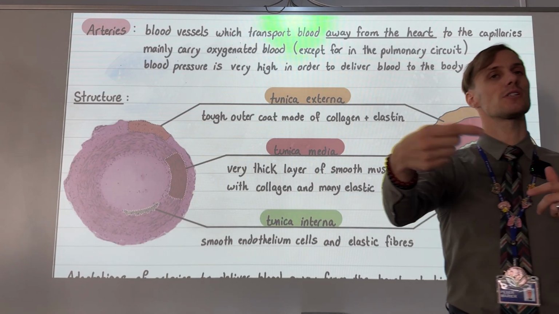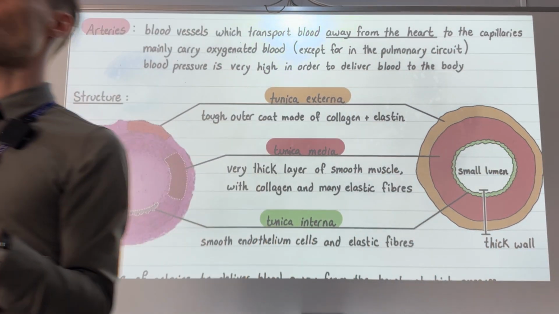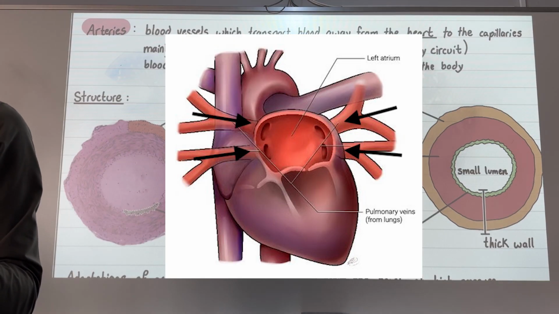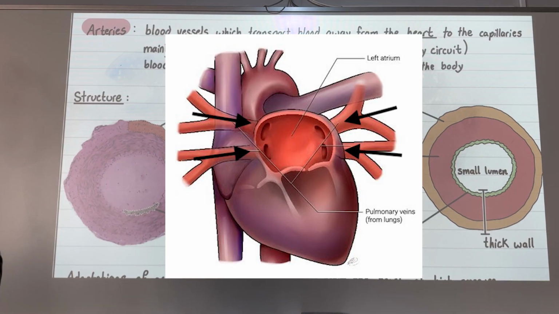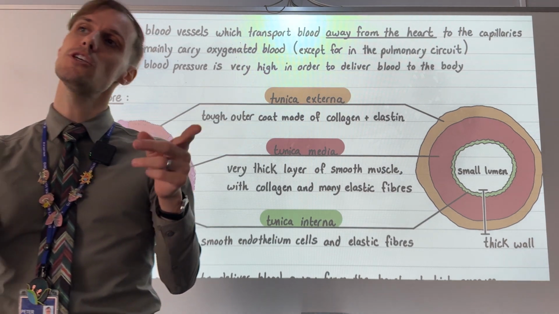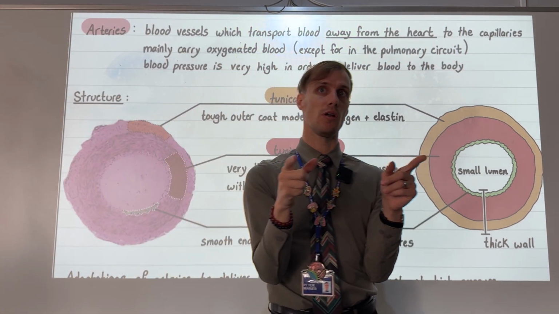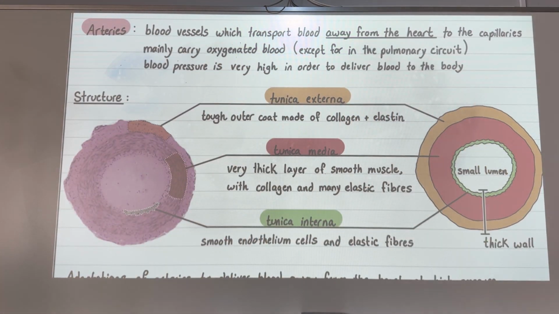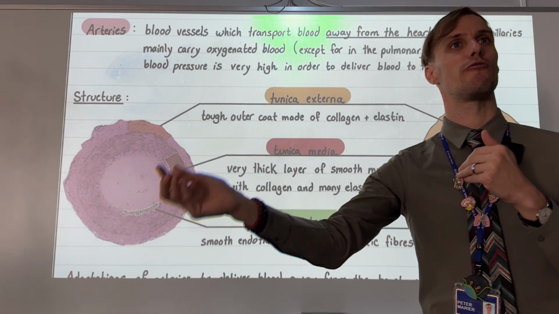So the reverse is also true. That's where you're going to get a vein that's actually oxygenated going back to the heart, a pulmonary vein. So these are two exceptions to that rule, and that's why I urge you not to remember arteries and veins by the blood they carry, but by the direction of flow.